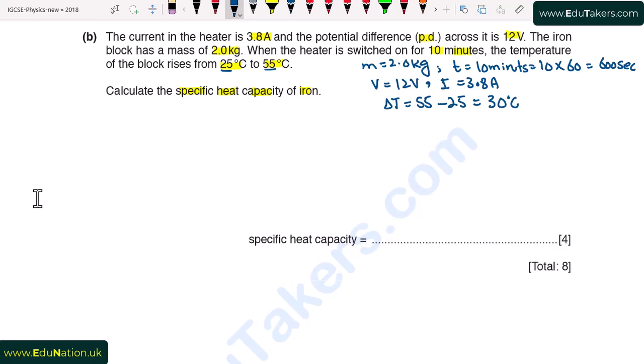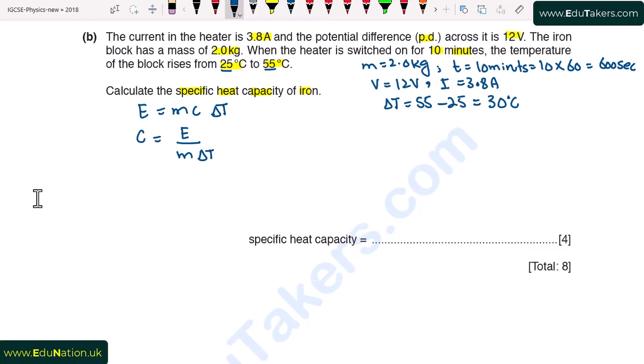We know that the formula for the specific heat capacity is E is equal to m c delta T. Here we have to find out the value of c. It will be equal to E over m delta T. Here mass is given, change in temperature is also given and energy is not given, and we have to find out the value of energy.